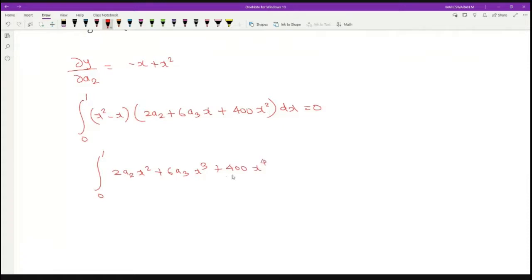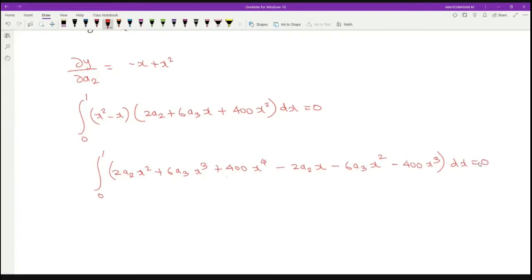So this part is over. Next, multiplying this one: minus 2a2 x, then minus 6a3 x square, right, x into x, then minus 400 x cube. So this is my overall equation.